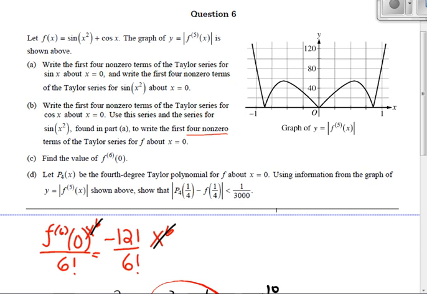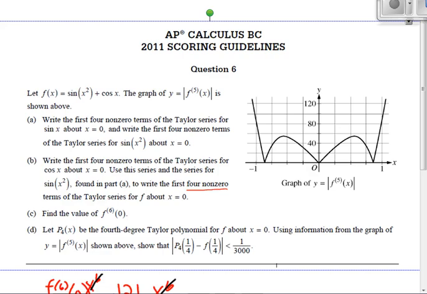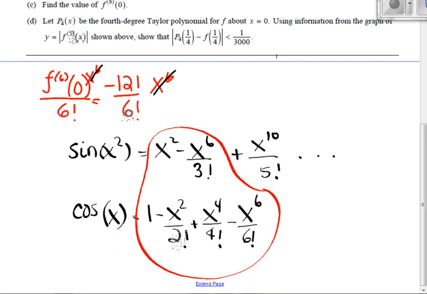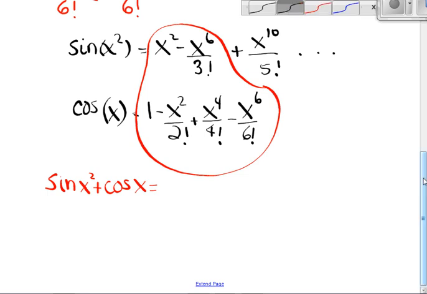I've been giving you the answer for C. Is it x squared plus 1? Is that one term? Look at sine of x squared. The first term is x squared. The first term of cosine x is 1. Isn't the first term for the whole function x squared plus 1? It says the sine of x squared plus the cosine of x equals... Just add those. x squared plus 1.